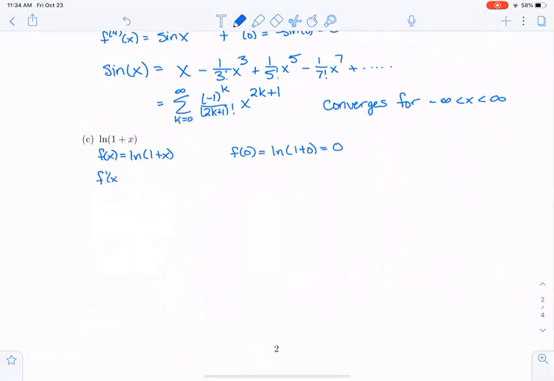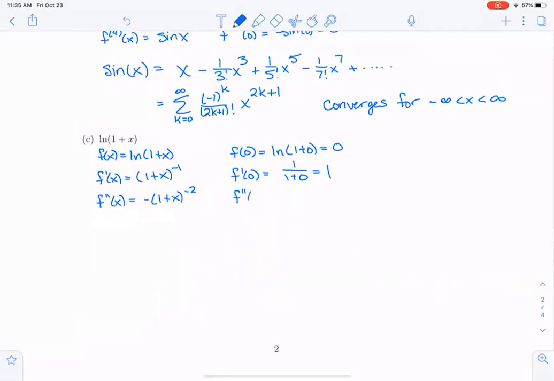The derivative is 1 over 1 plus x. So the derivative at 0 is 1 over 1 plus 0, which is 1. 1 over 1 plus x is like 1 plus x to the negative 1 power, a little easier to take the derivative of. The second derivative is going to be negative 1 plus x to the negative 2.